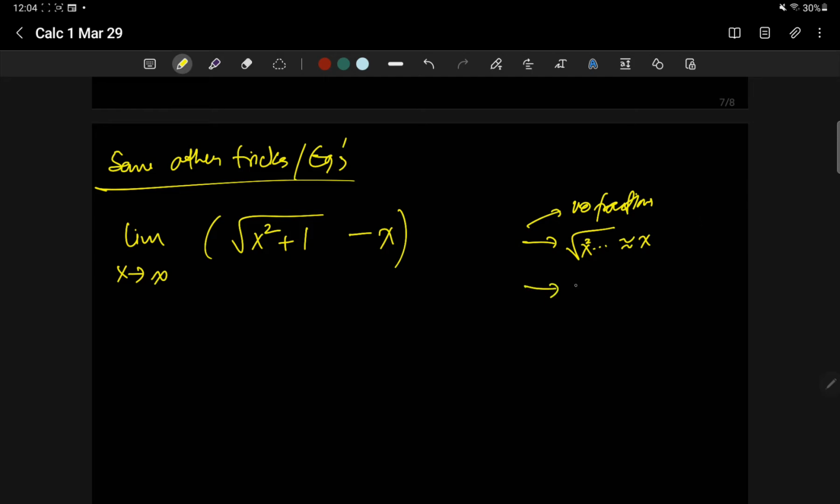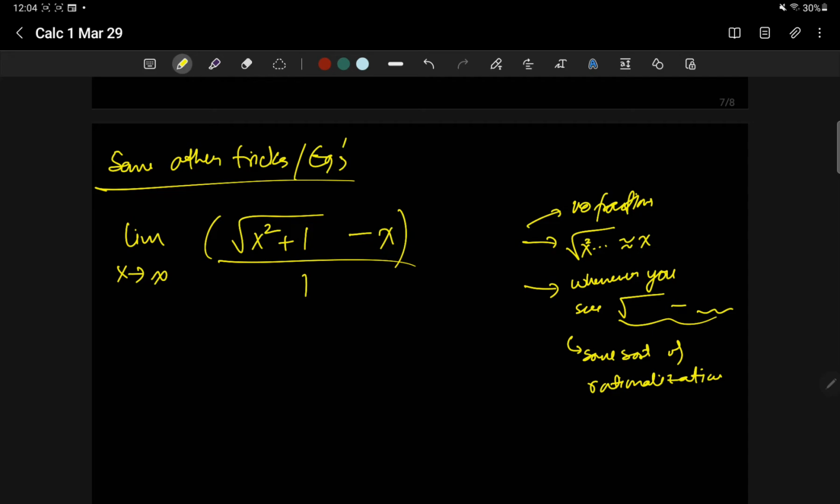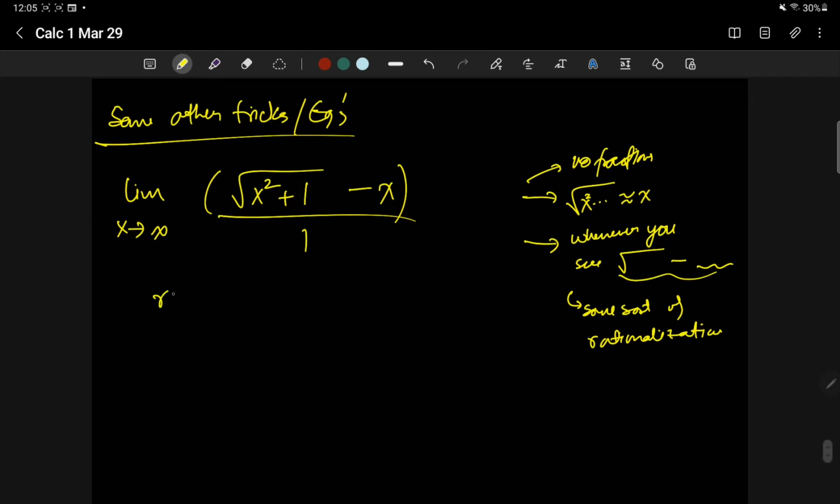the last thing is, whenever you see a square root minus some stuff, you're always wanting to think of some sort of rationalization. So you can think of this as a fraction, and we try to rationalize the numerator.